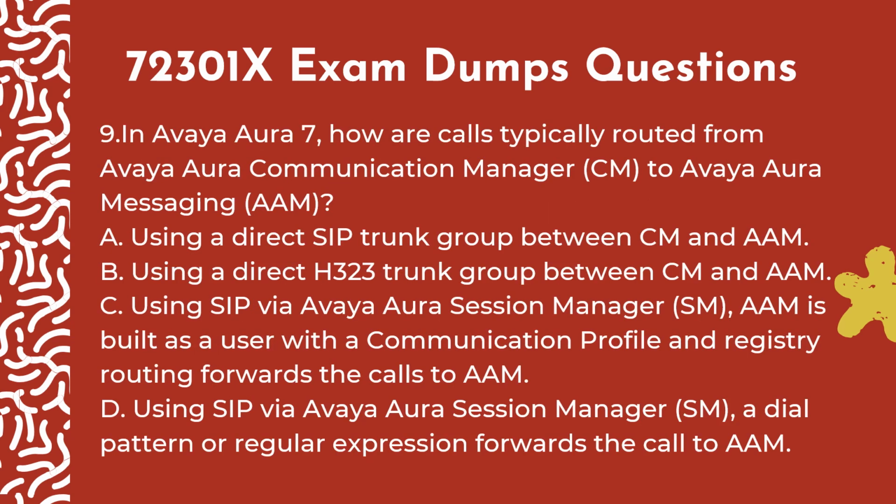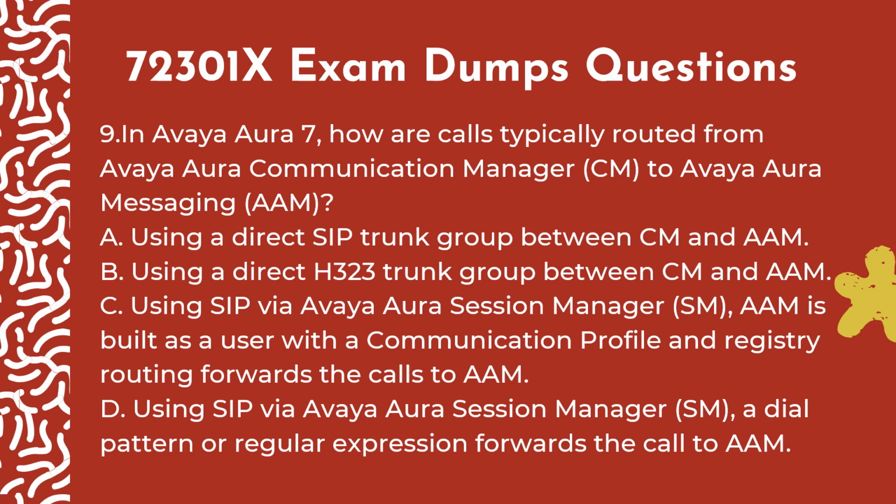9. In Avaya Aura 7, how are calls typically routed from Avaya Aura Communication Manager (CM) to Avaya Aura Messaging (AAM)? A. Using a direct SIP trunk group between CM and AAM. B. Using a direct H.323 trunk group between CM and AAM.